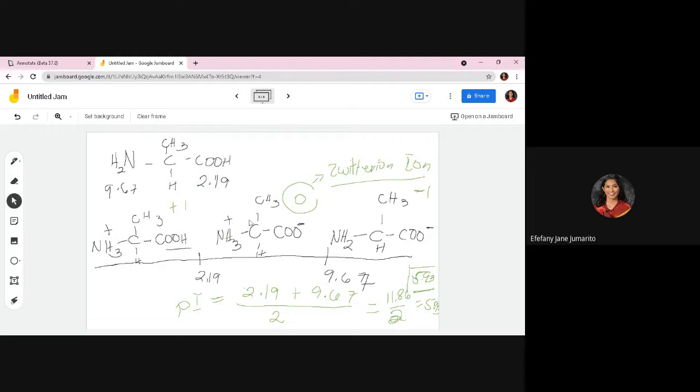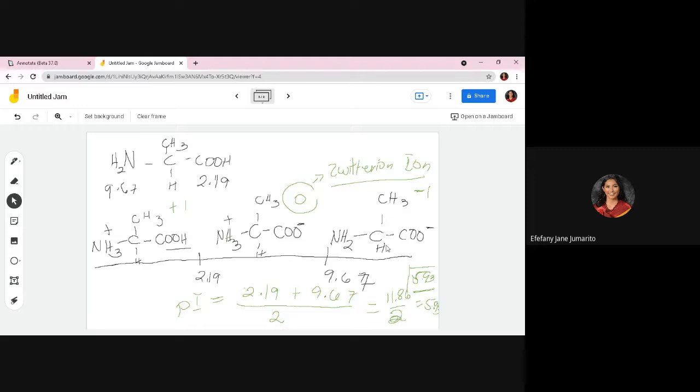When it is neutral, your amino group and your carboxylic group are both charged, so the net charge is zero. Then under basic solution, the NH2 is not protonated, and your carboxylic group loses a proton, because COOH is acidic.